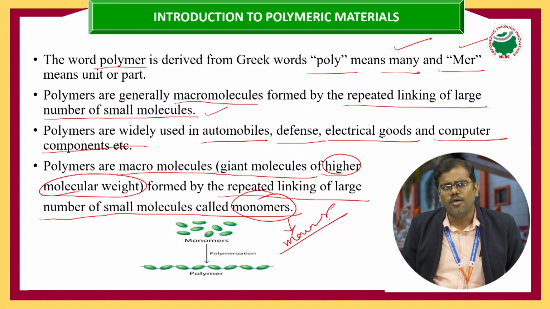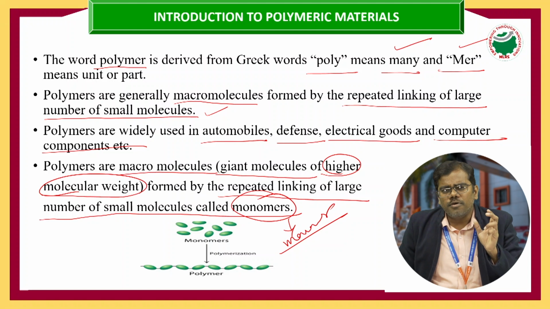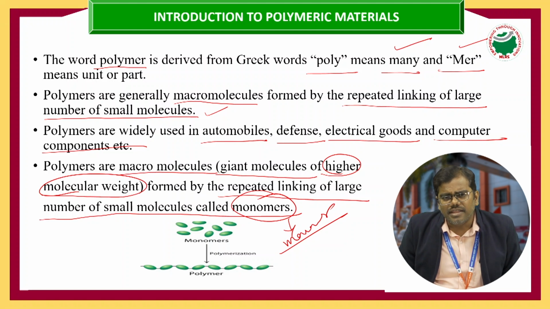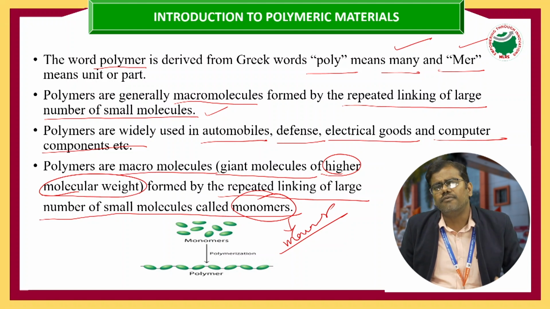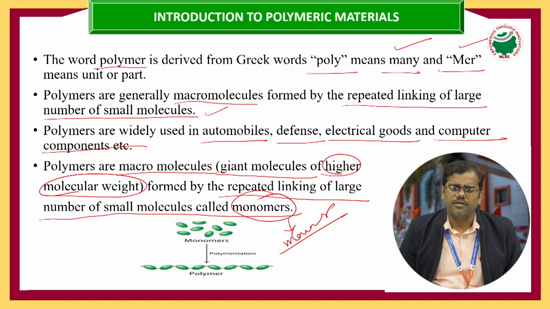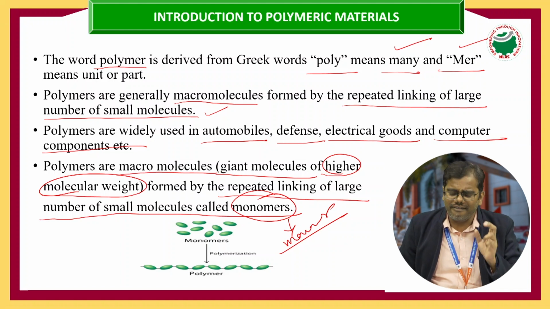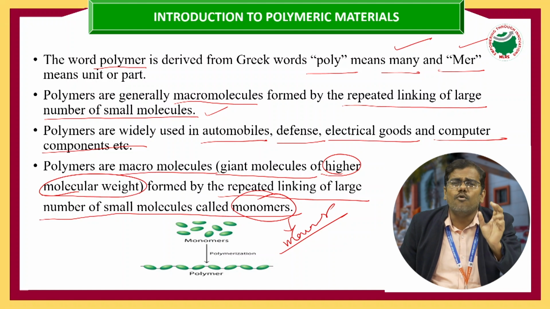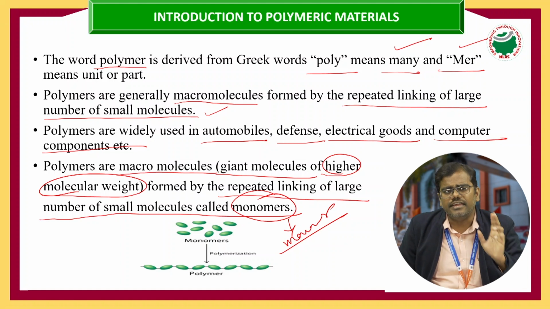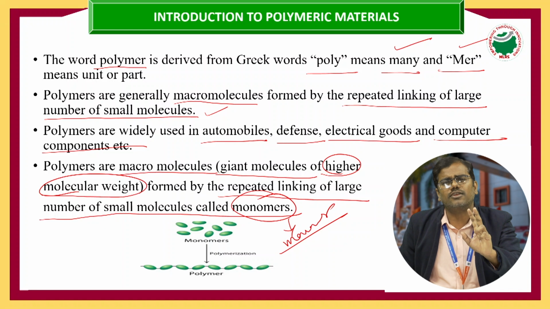Monomer is nothing but the starting material for the synthesis of polymer. Mono means single. A single unit or single part of a chemical compound will act as a monomer. But for one compound or one reagent to act as a monomer, it should definitely consist of two reactive sites or two bonding sites.